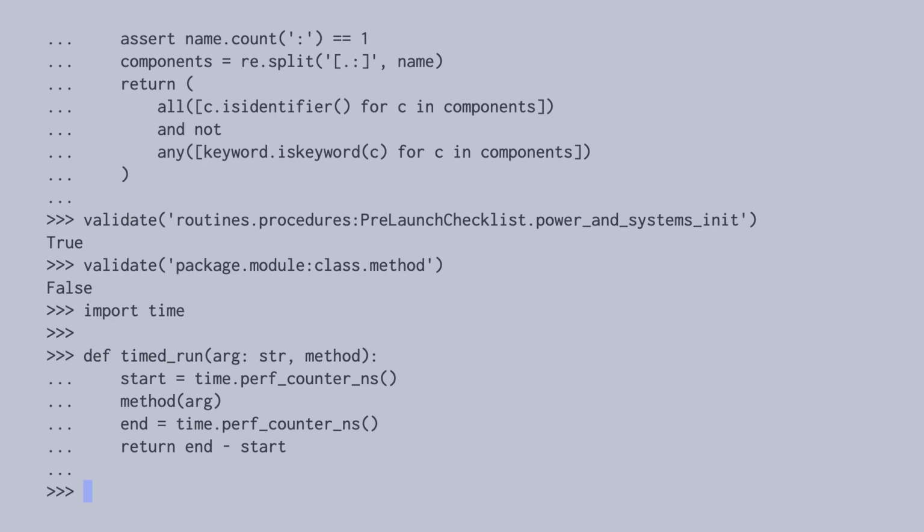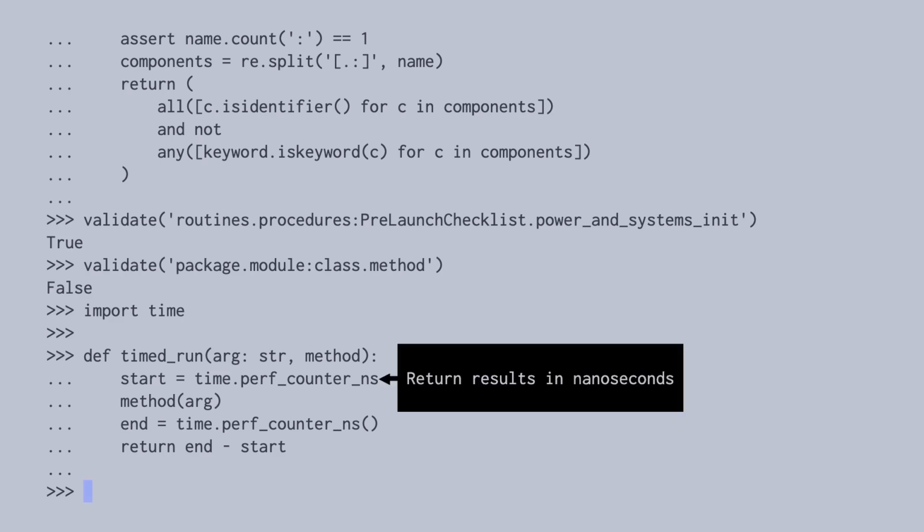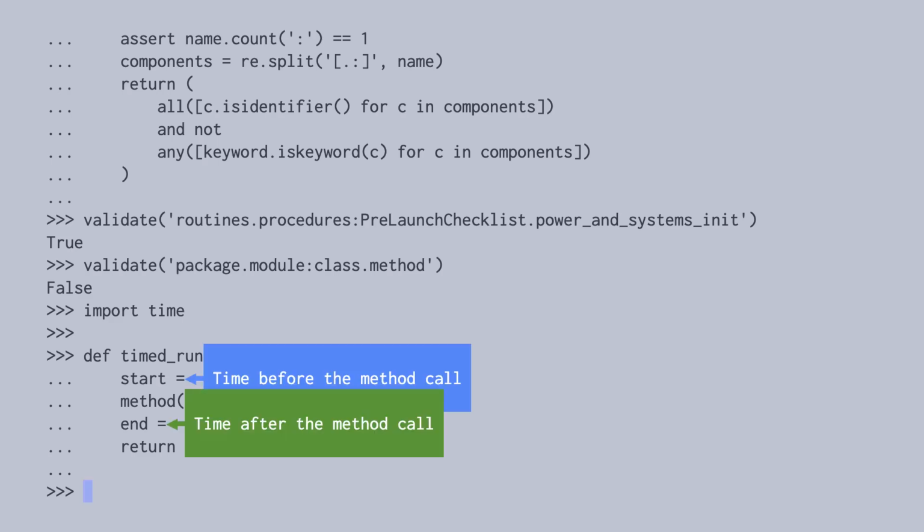All that matters to us now is how long it takes to process a string using one or the other method. Note that we've chosen the perf_counter_ns function from the time library, which is a better choice for benchmarking than the time function, as it has a higher precision and will return the result in nanoseconds. We register the time before and after the string processing, then calculate and return the duration.